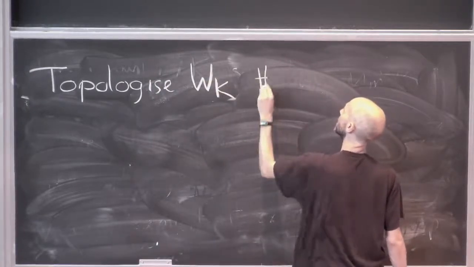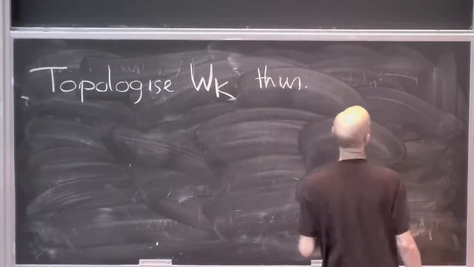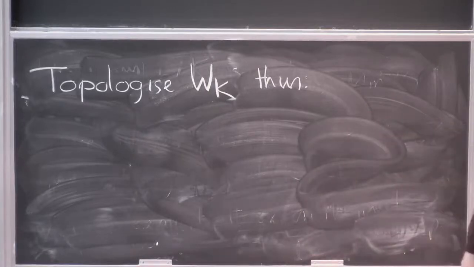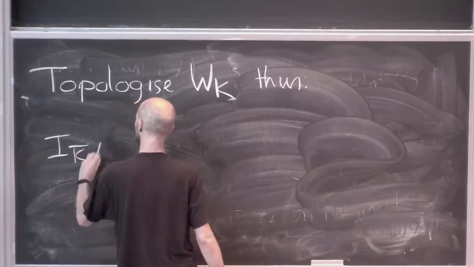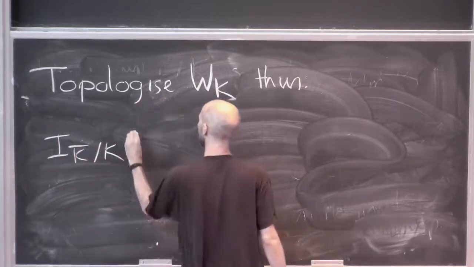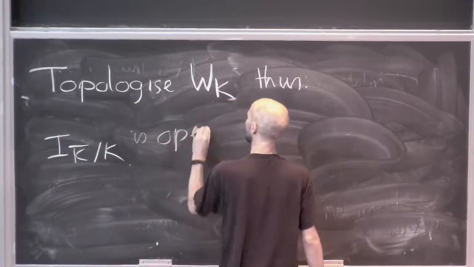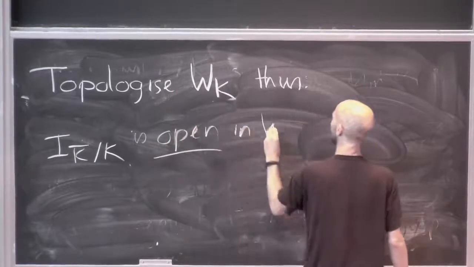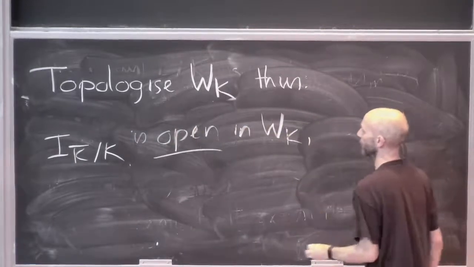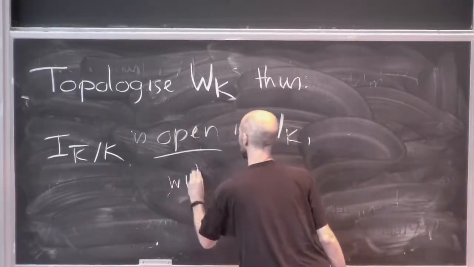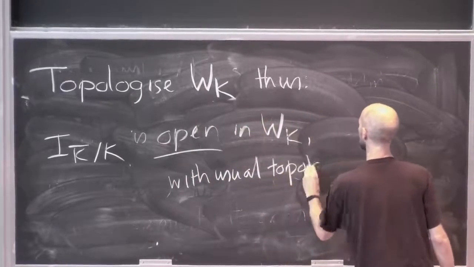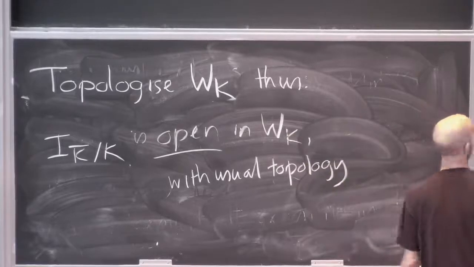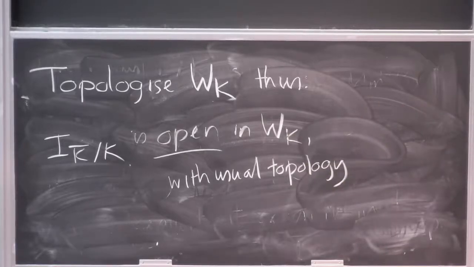Thus, I want this inertia group, I_{K bar over K}, to be open, right? With the usual topology. So I_{K bar over K} is not an open subgroup of Gal(K bar over K).